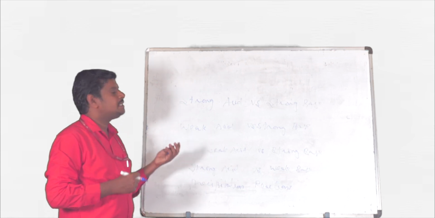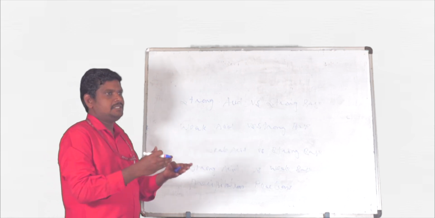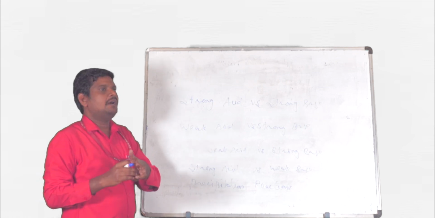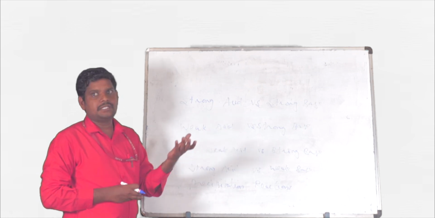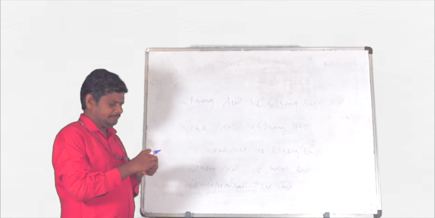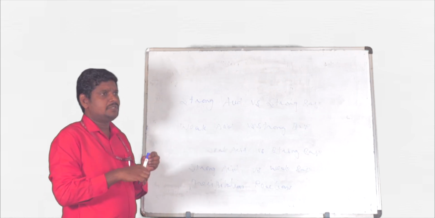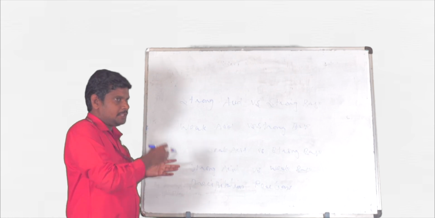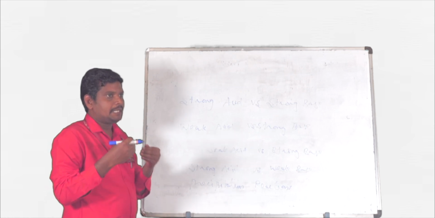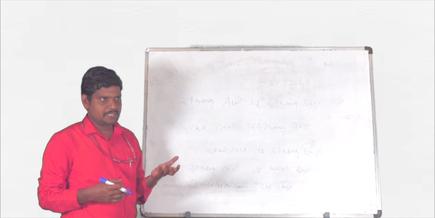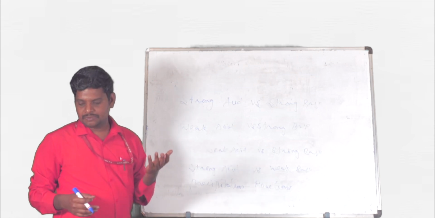If the acid is completely dissociated into H plus and the respective anion, and the base into OH minus ions and the respective cations, those acids and bases are inferred as strong acid and strong base.